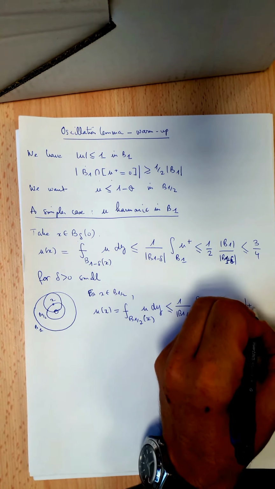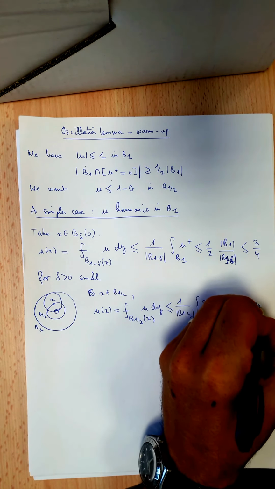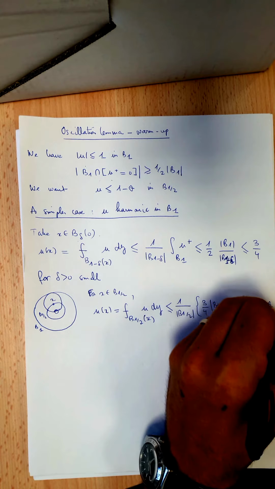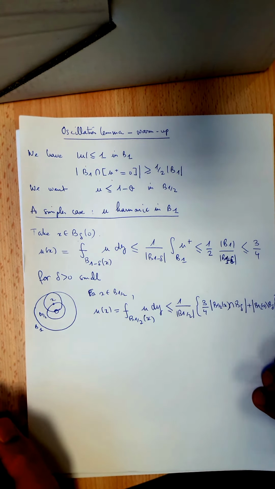So we'll have here b1/2 of x minus b delta as the remaining piece.